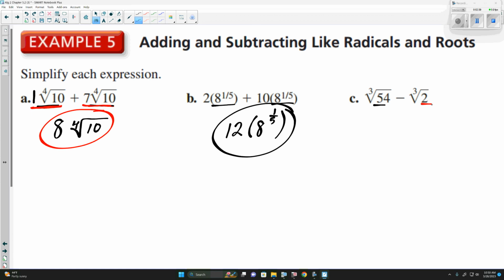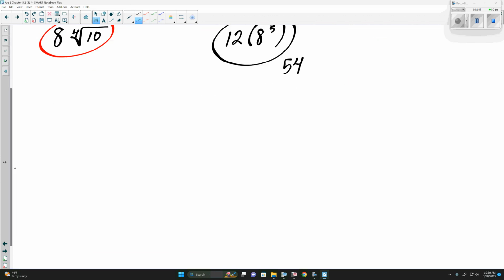So if we look at 54, taking the cubed root of 54, we need to see if we can rewrite the cubed root of 54. Now 54, if we look at the factor tree, one number that we know is a factor of 54 is 2. And what times 2 gives us 54?